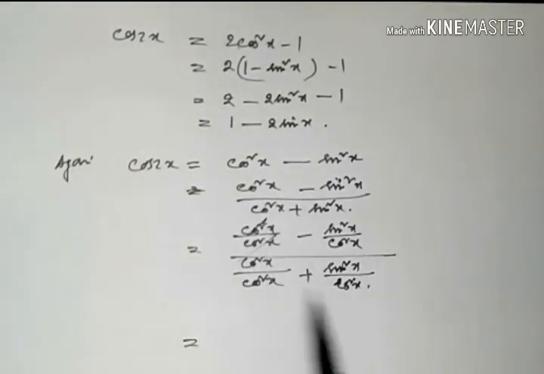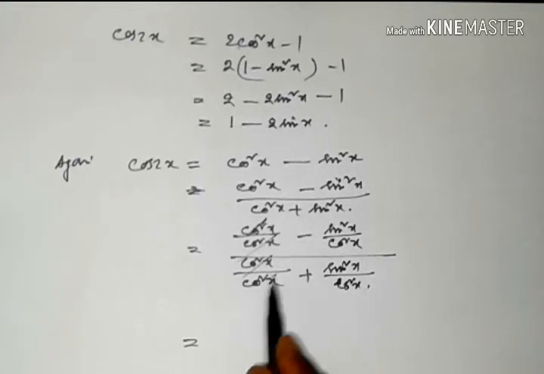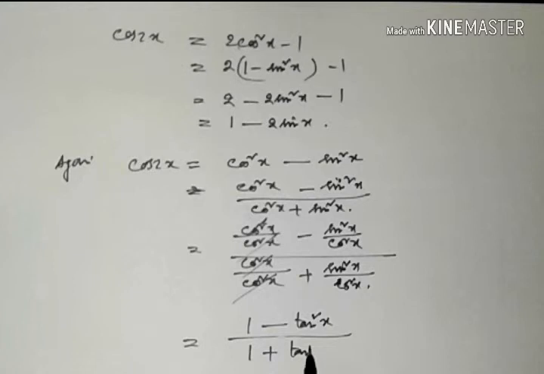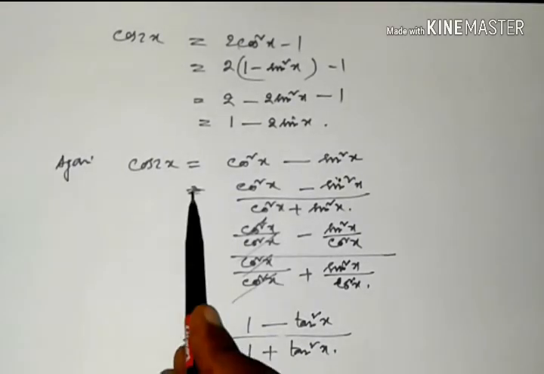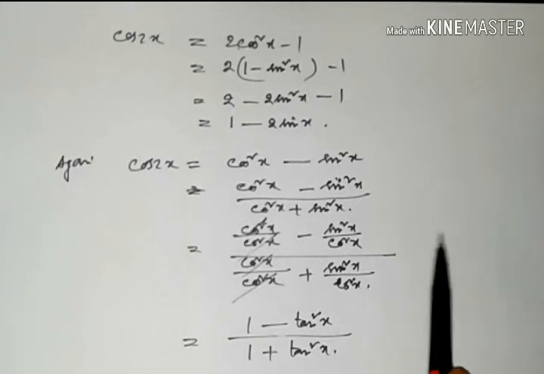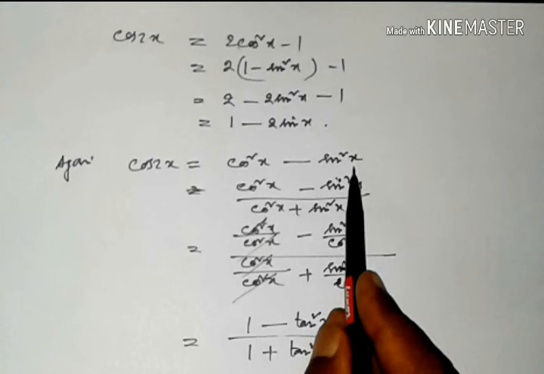Now this is 1 minus sin square by cos square, it is tan square x, 1 plus tan square x.